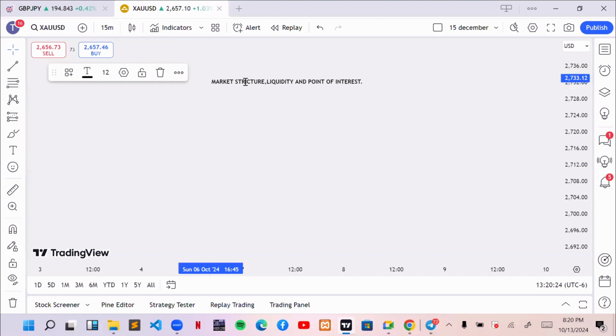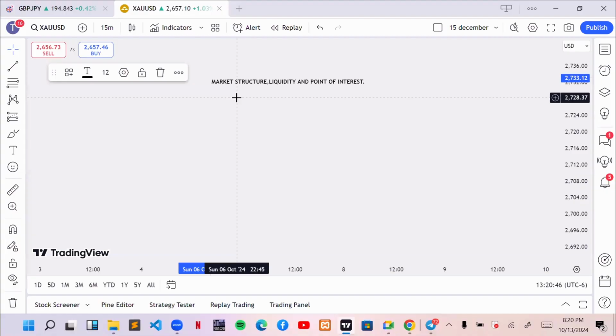That's my strategy. When I open up my charts, the first thing I look out for is the market structure. Second thing I look out for is my liquidity, and then the third thing is the point of interest. That's the only three things I pay attention to when I open up my charts. So I'm going to take market structure first, then I'll take liquidity, then I'll take point of interest.